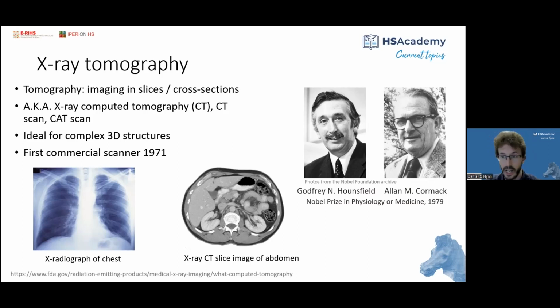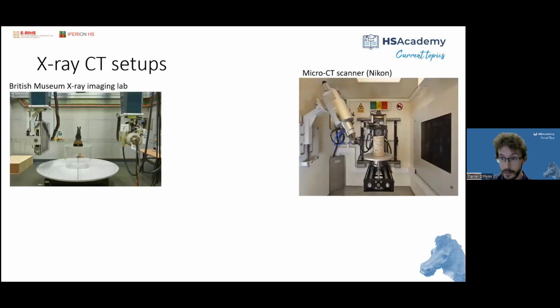So we get much more detail on complicated 3D structures like the inside of the human body with CT scanners. The first commercial scanner was made in 1971, and eight years later, both men were awarded the Nobel Prize for their discovery. There are many different ways of doing CT scanning, and I'm going to talk to you about them now.